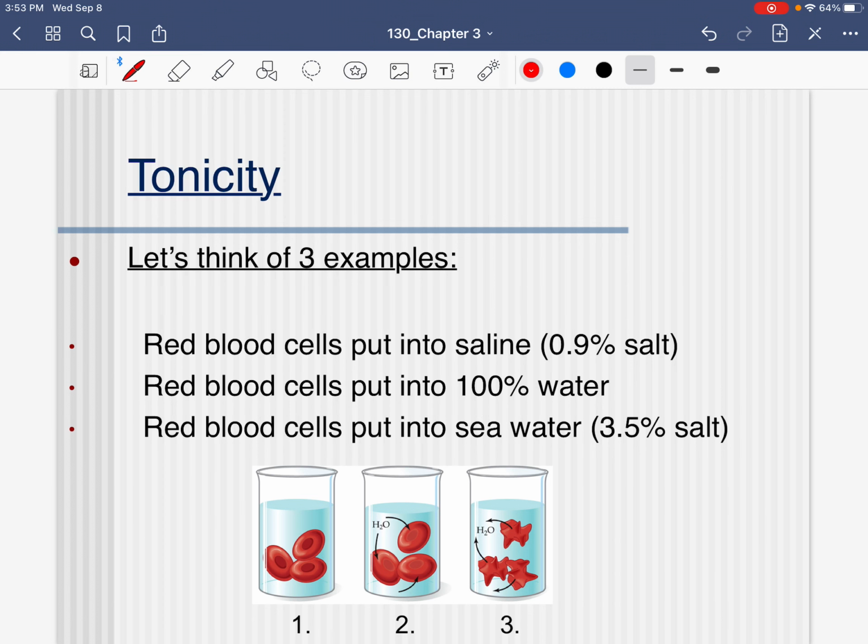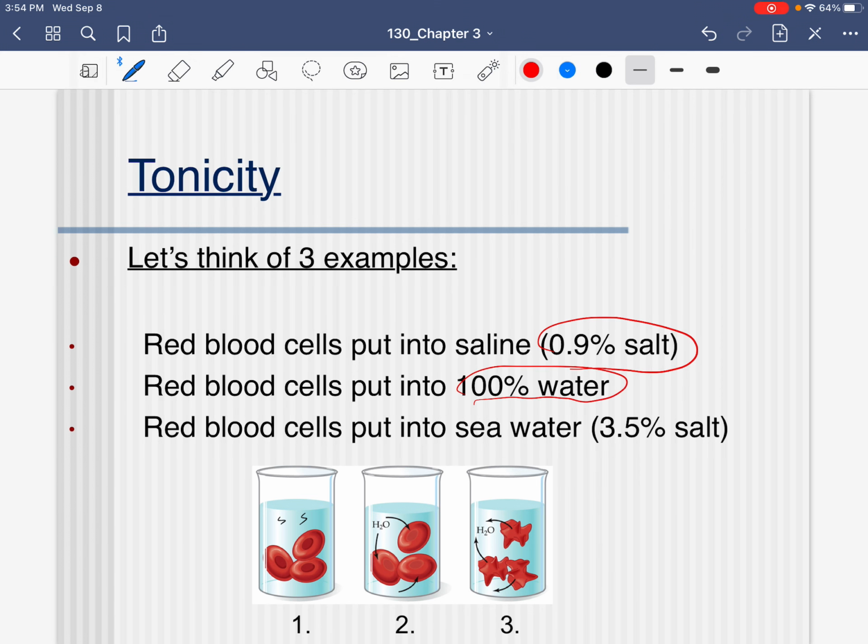So, we're going to lay out 3 scenarios. We have a beaker, and in beaker 1, we have red blood cells in a salt solution. So in beaker 1, the red blood cells are in mostly water with some salt.